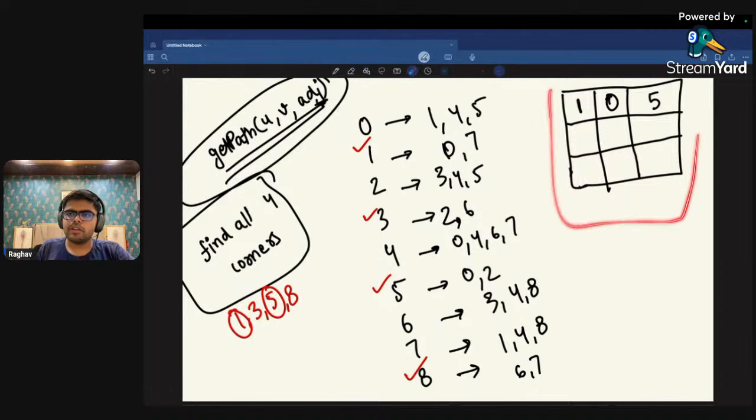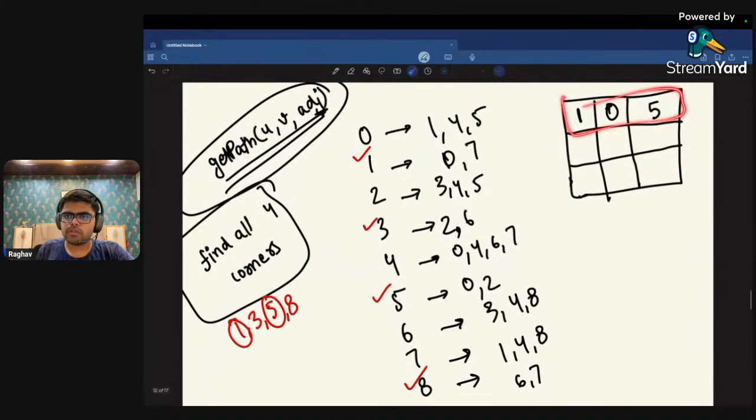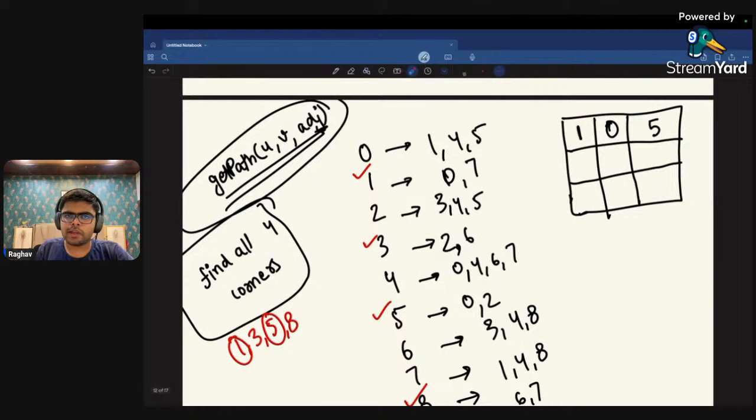So once you are done with this, after completing the first row, you can just go cell by cell. Like for first cell 1, it has two neighbors 0 and 7. 0 is already placed, so you can place a 7 here. Then go to the node 0.